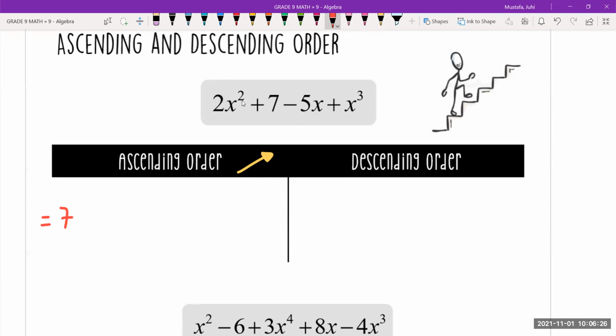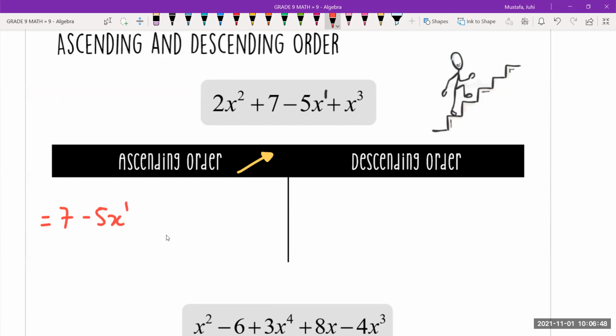So look at all the exponents. We have a 2 here. Technically, we have a 1 here. And then we have a 3 here. So what is the next larger? If 7 is an exponent with nothing in it, what's the next higher exponent? Yeah, Ari? Yep, you got it. Negative 5x to the 1. Good.